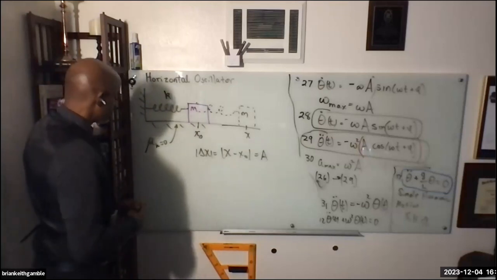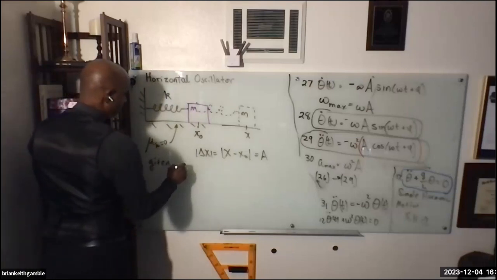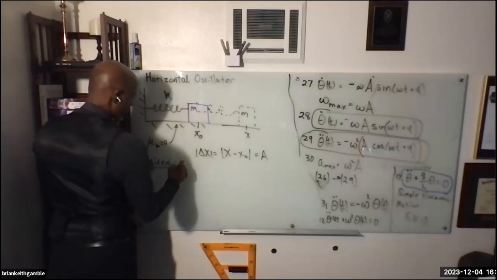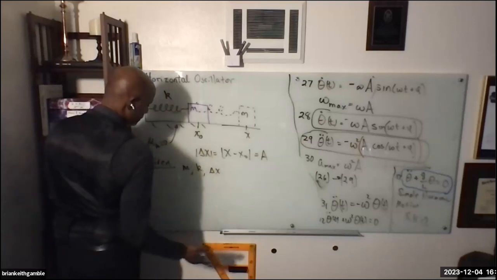So those are what's given for a specific problem. You'd definitely be given m and k, and you would know how far you displaced it, delta x.